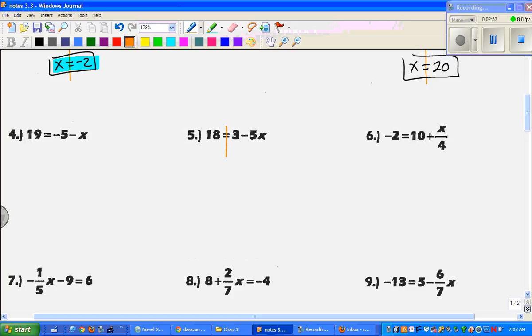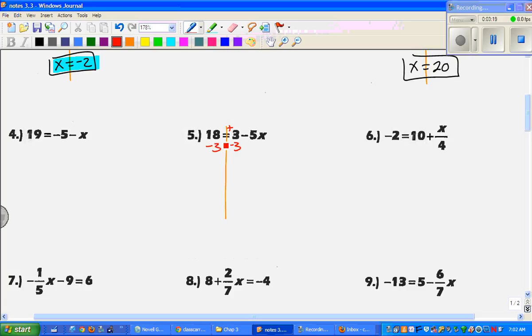All right, number 5. I'm going to draw the line down the middle. Now, first thing to do is to combine, which we can't. I'm going to cancel addition or subtraction, and I actually see addition here, which you guys might be like, what are you talking about, Mr. Grice? This 3 is a positive 3.